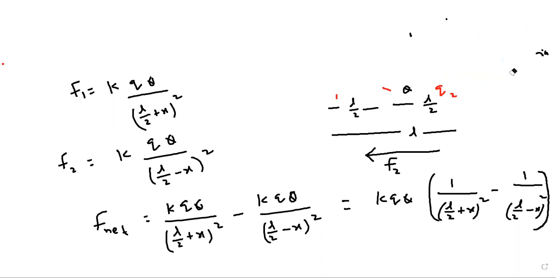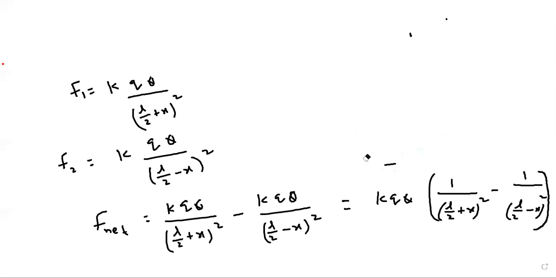From here the simplification is very easy. Just use the expansions of (a plus b) whole square and (a minus b) whole square. It is a very important method, an application of SHM in electrostatics. Now you can write KQq of the LCM, which is the product of these two.